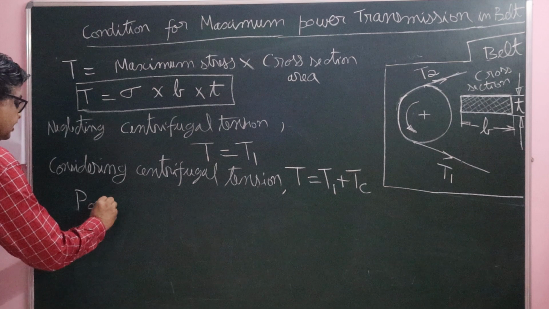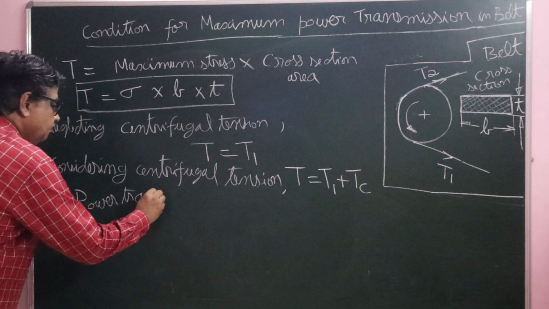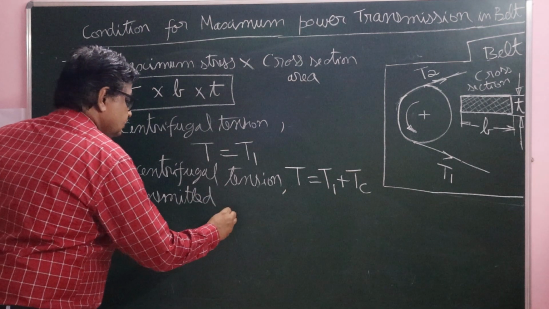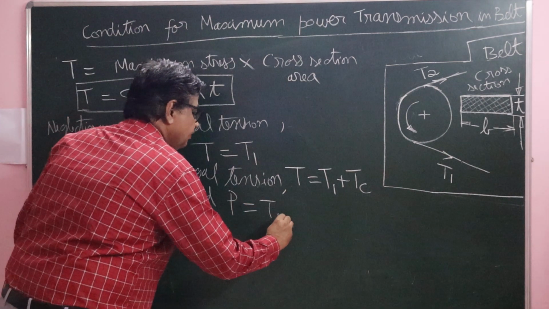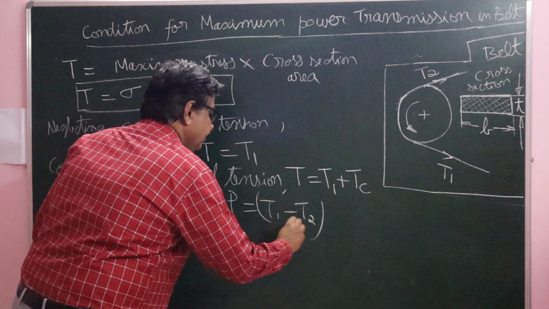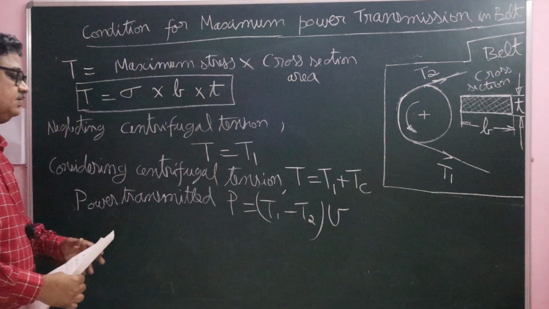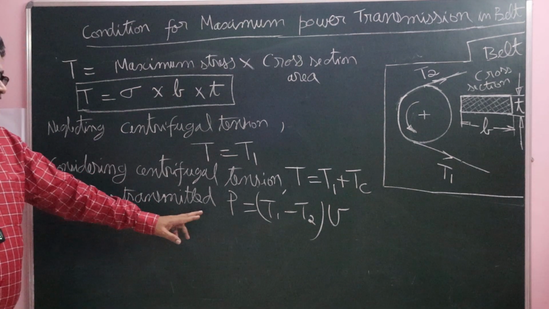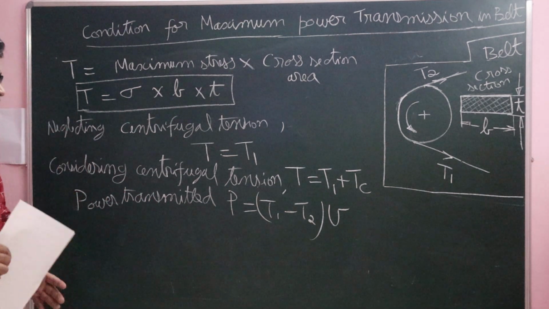P equals the power transmitted. P is equal to T1 minus T2 into V. So this is the power transmitted by the belt.